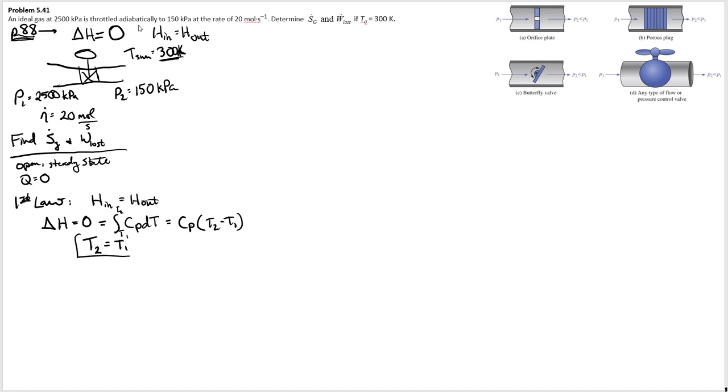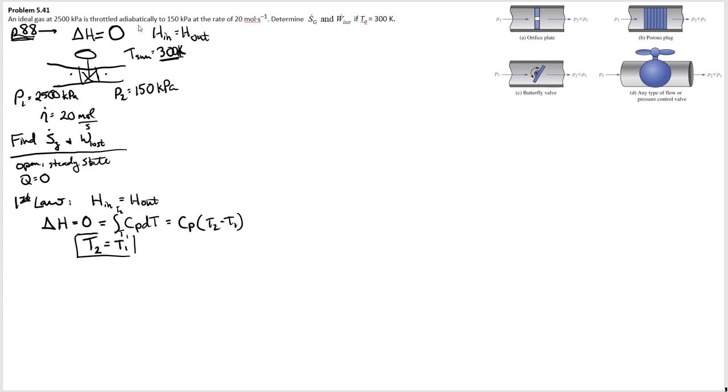So the temperature of our fluid upstream of the valve is the same as the temperature of our fluid downstream of the valve, and that makes sense. And we will also talk about throttling of steam, of non-ideal gases as well, and the same assumption holds, or I should say, for an ideal gas, it is T2 is equal to T1.